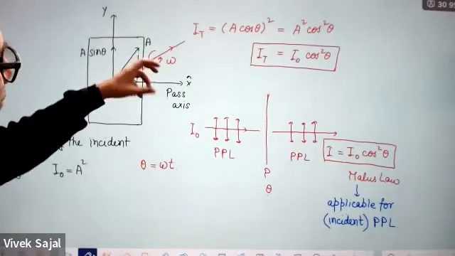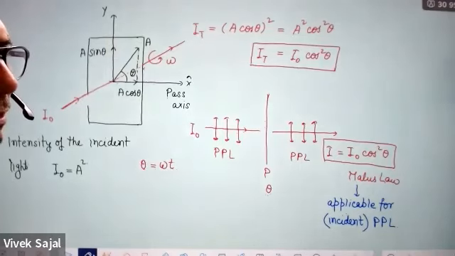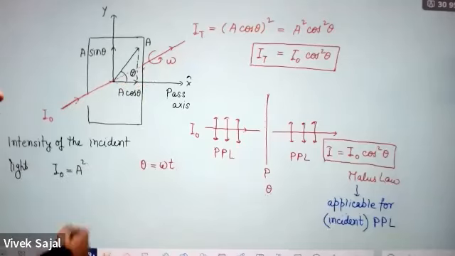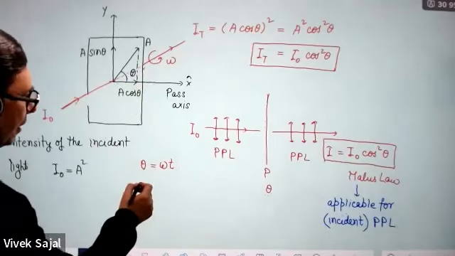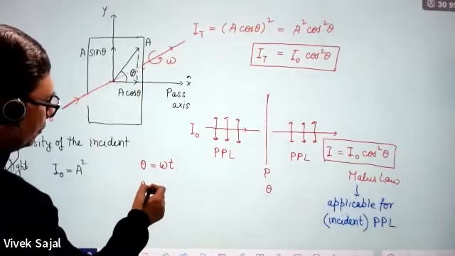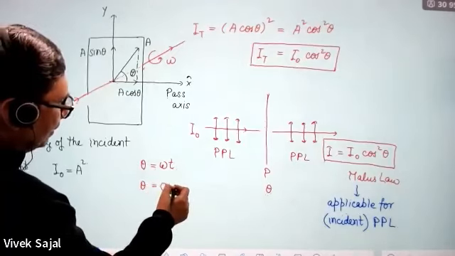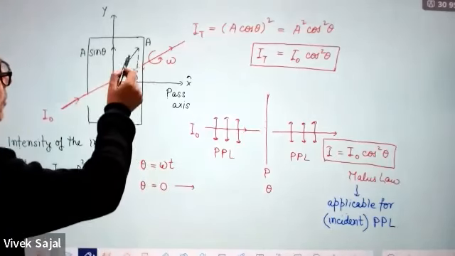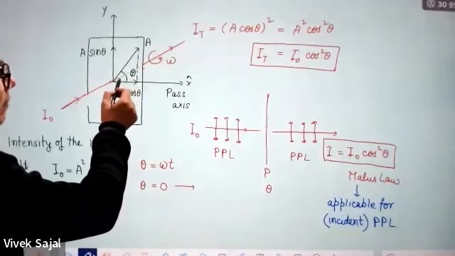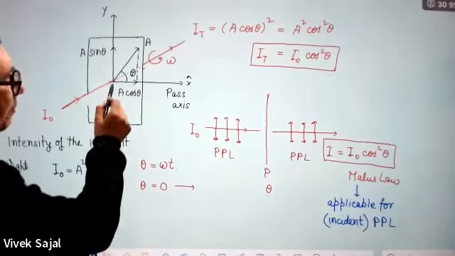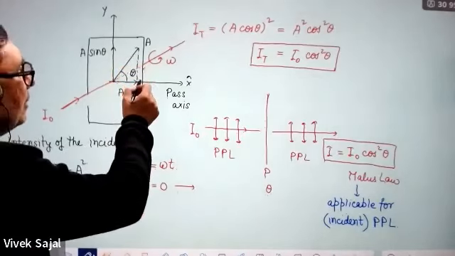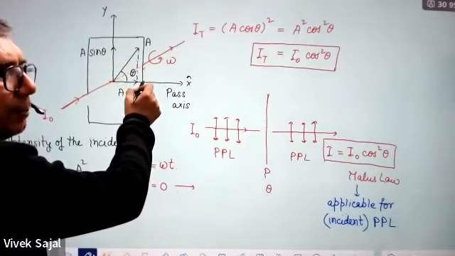Remember this. So we are rotating it. Then what will happen when theta is 0? When the electric vector is at theta equal to 0, this A will be parallel to this x-axis, the path axis.